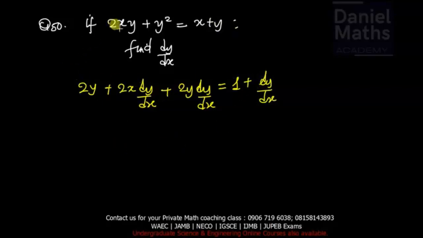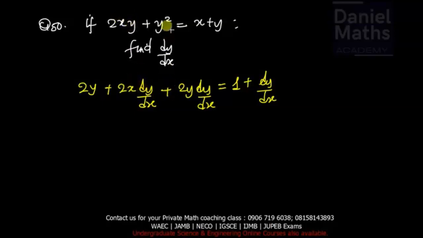I'll take it again. If you differentiate with respect to x, the differentiation of 2x is 2, so 2 times y gives me 2y. Plus, if I differentiate with respect to y, keeping x constant, the differentiation of y is 1, and 1 times 2x gives me 2x dy/dx.